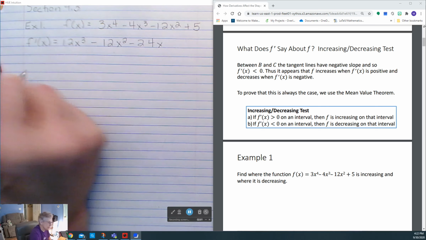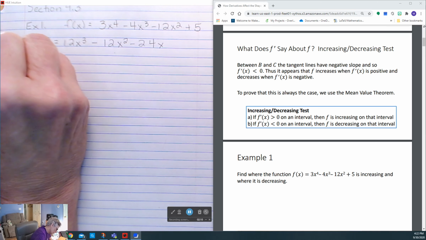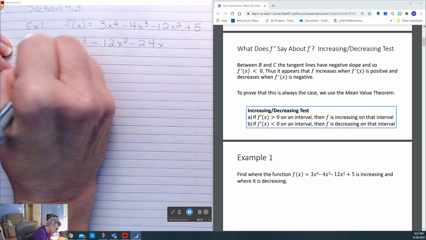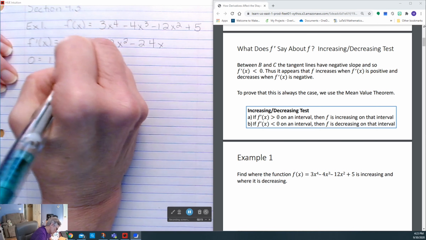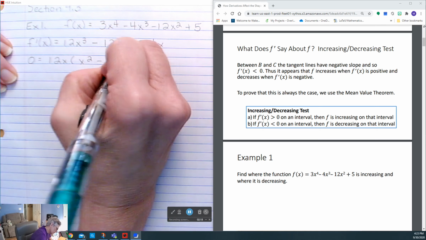Now, first thing I'm going to do is set this equal to 0 so I can figure out where it's positive and negative. So I'm going to factor a 12x out. That leaves me with x squared minus x minus 2.